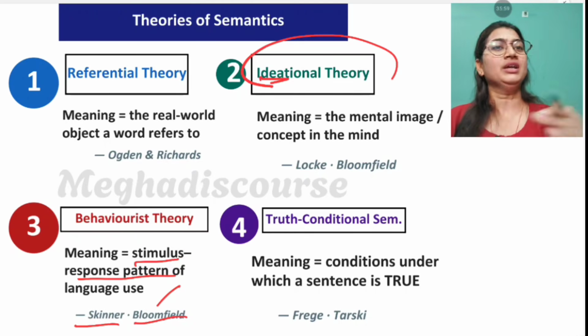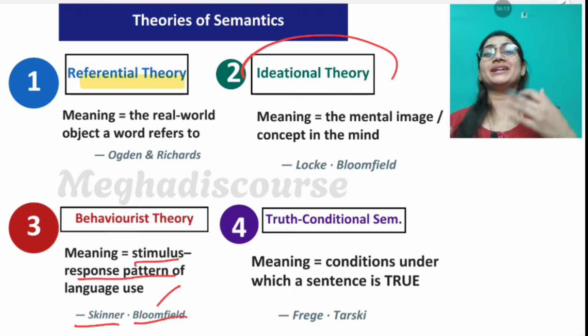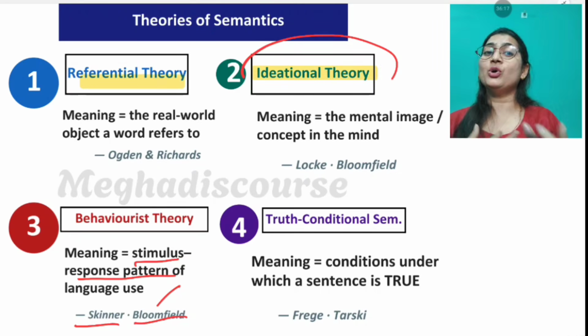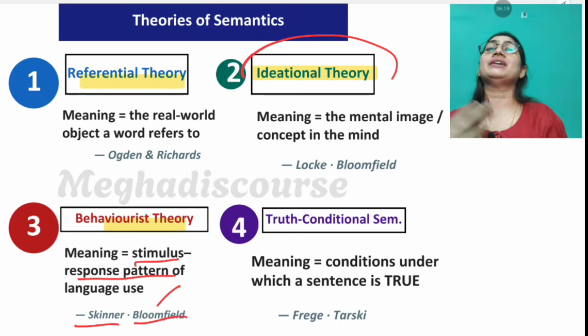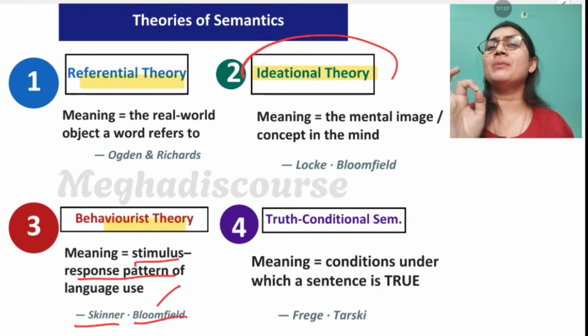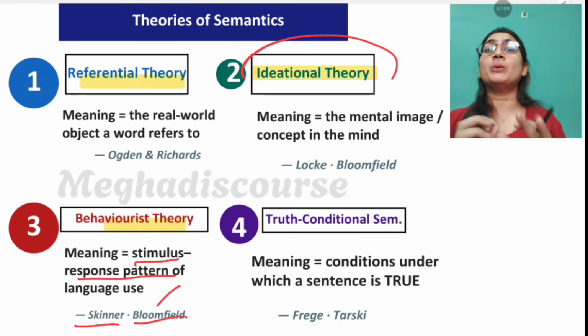We are communicating. The earlier theory fails to express the abstract idea and fails to express how we communicate. Now, this theory explains what real communication is. Bloomfield came and said, stop talking about ideational theory, stop talking about mental images. Why?